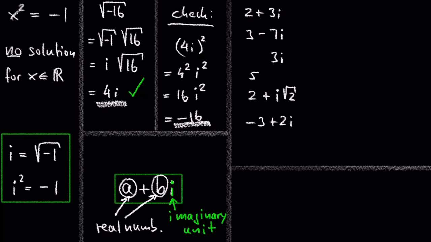The real number a is called the real part, and the real number b is called the imaginary part of the complex number.